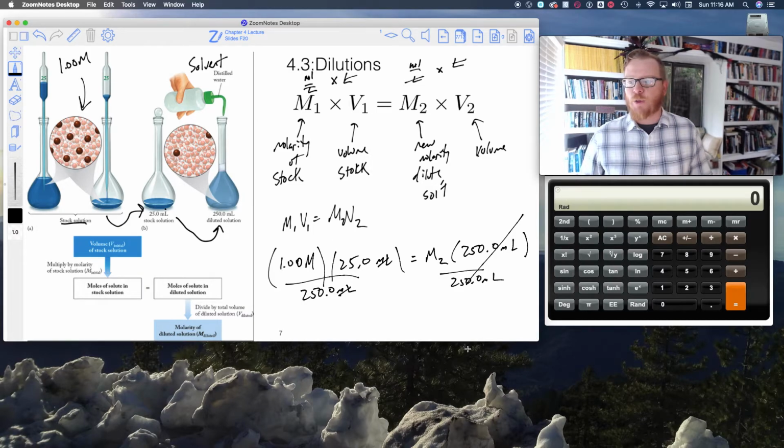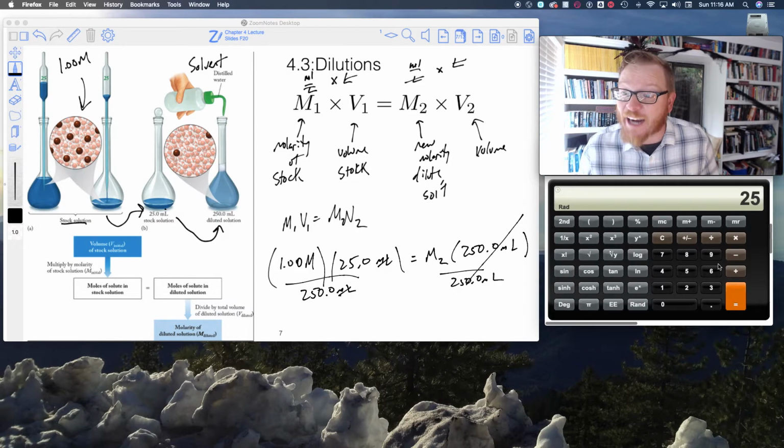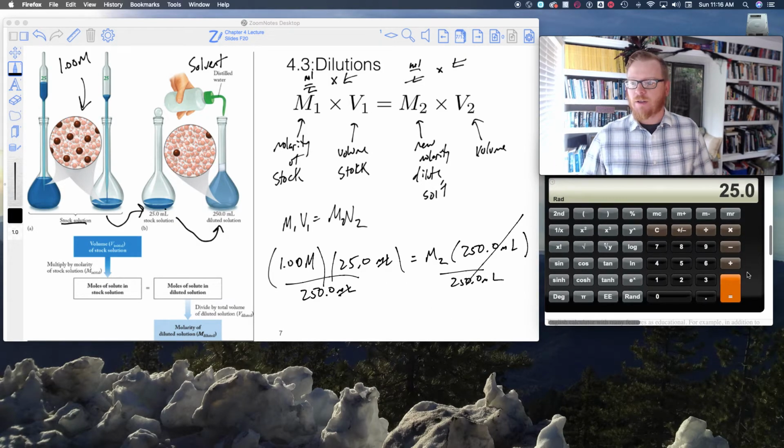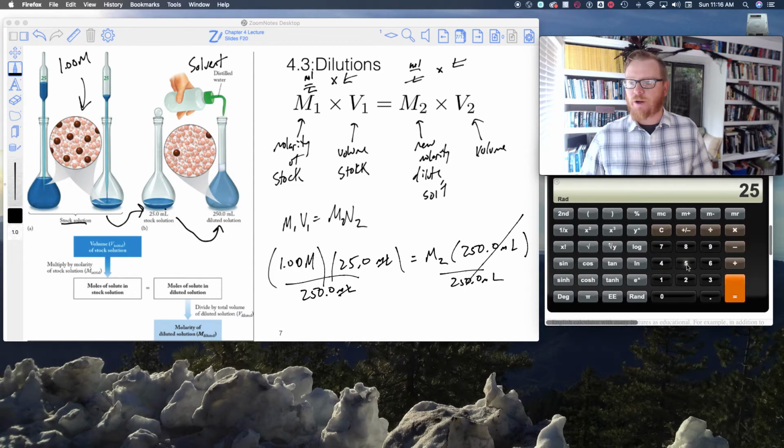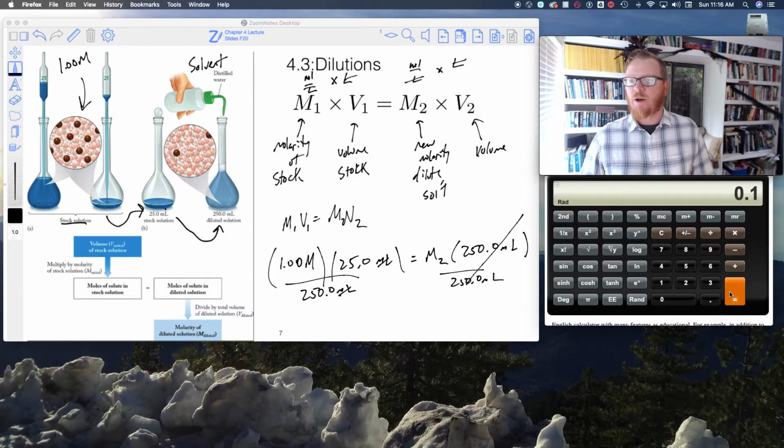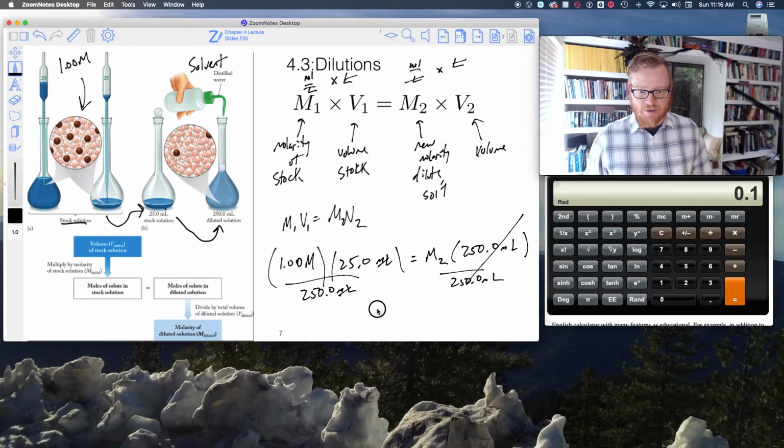Okay. And so those of you that are good with math might have guessed this, but you can see we're diluting it by a factor of 10. Okay. So 25.0 divided by 250, okay, gives me 0.1, and times the 1 molar, yep, you guessed it.